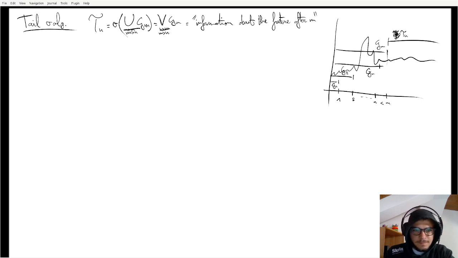So we have like this, and we have, let's say, m2, m3, etc. And so we consider all these times, we take the union of those, and this gives as result this sigma algebra.